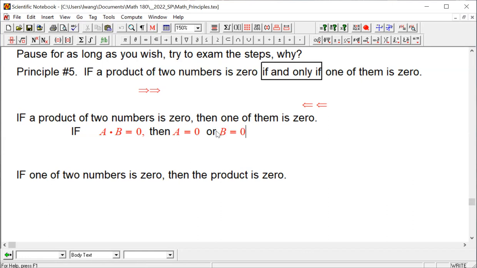Here, I want you to notice that I have or here, because we don't need both of them to be 0 in order to get a product equal to 0. As long as one of them is 0, that's fine. So this word has to be or. If you use and instead, it will be a mistake.